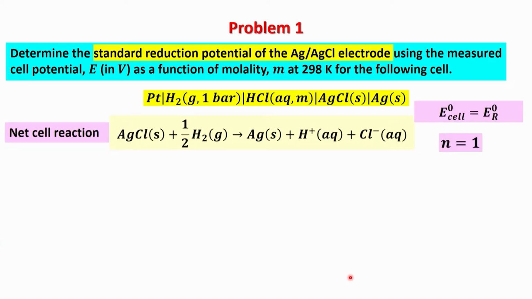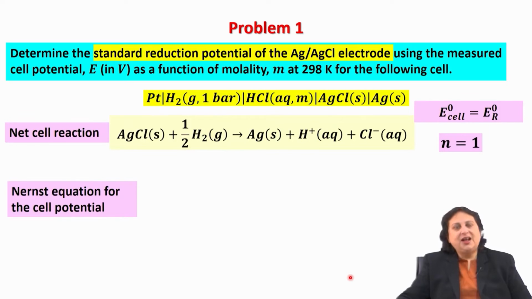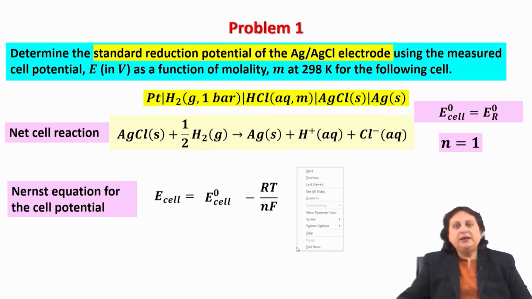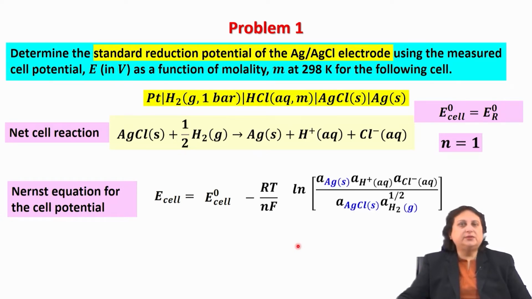Going ahead with this information, I will write down the Nernst equation for the cell potential. I start by writing E cell equal to E° cell minus RT by nF times the logarithm of the ratio of activities of products to the activities of reactants.